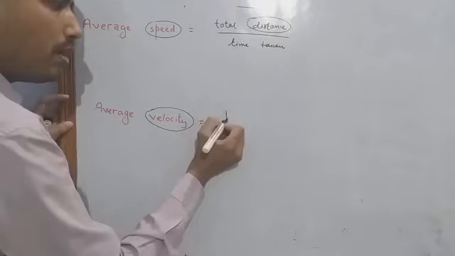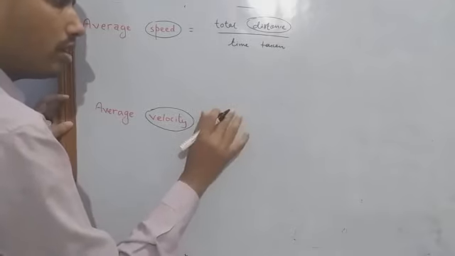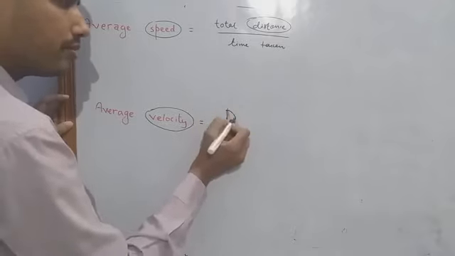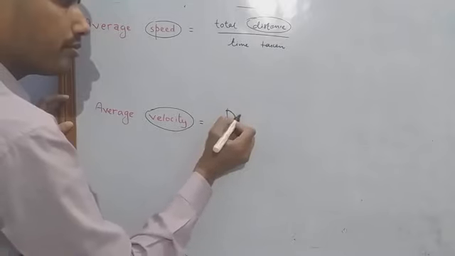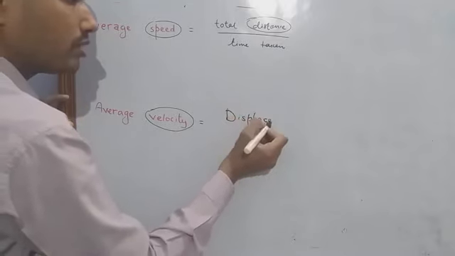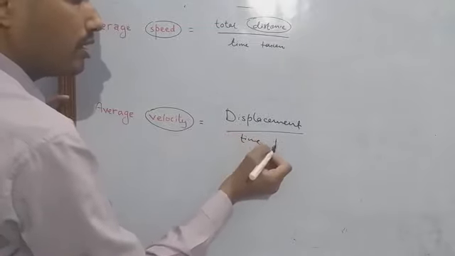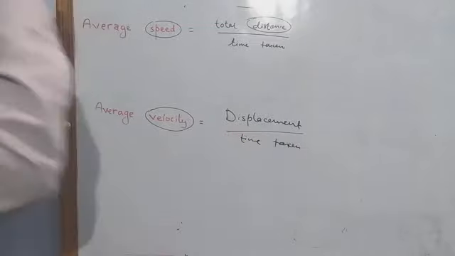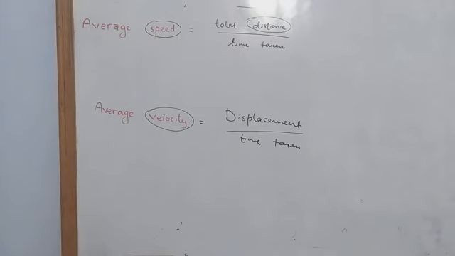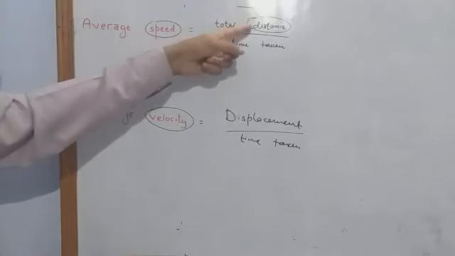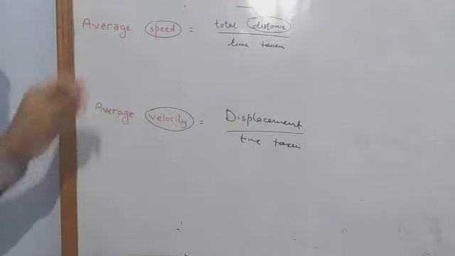So this will be the displacement divided by time taken. So these are the definitions for average speed and average velocity. If you know the path length or distance and displacement, you can calculate them.